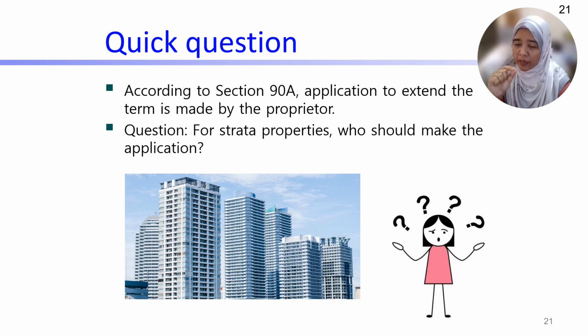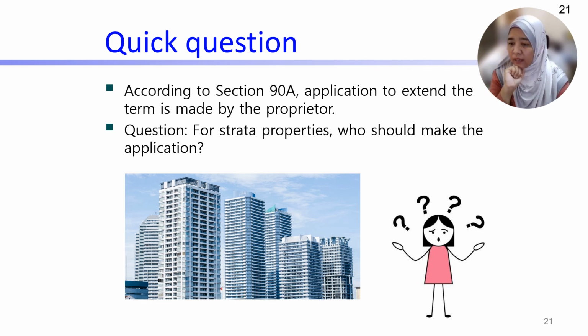But who, di sini soalannya, who should make the application? Sebab Section 90A mengatakan the application should be made by the proprietor. So, adakah soalan di sini for strata properties, setiap parcel owner tu yang kena buat application?